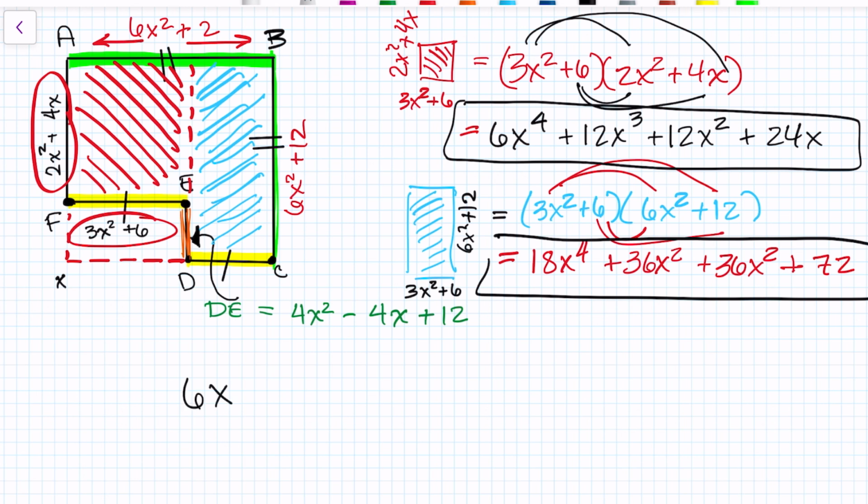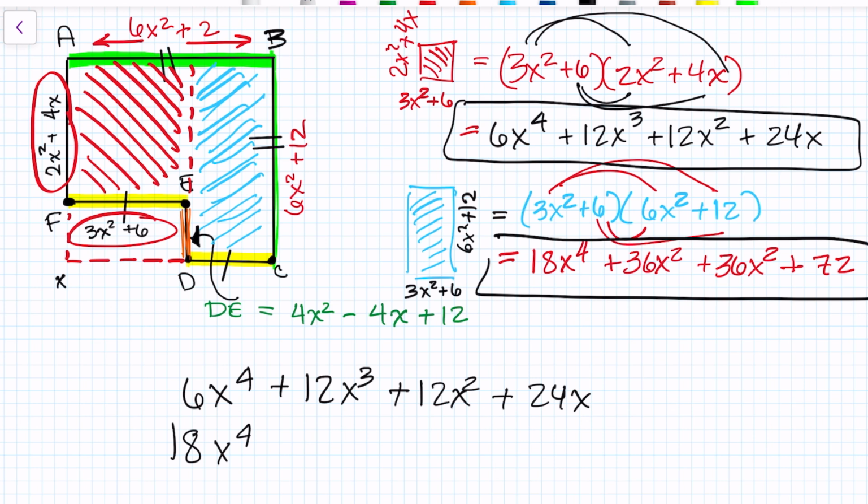So I have 6x to the fourth plus 12x cubed plus 12x squared plus 24x. And in a problem like this, I think it might be easier just to write, oops, I don't have any x cubed in my second problem. Is that right?